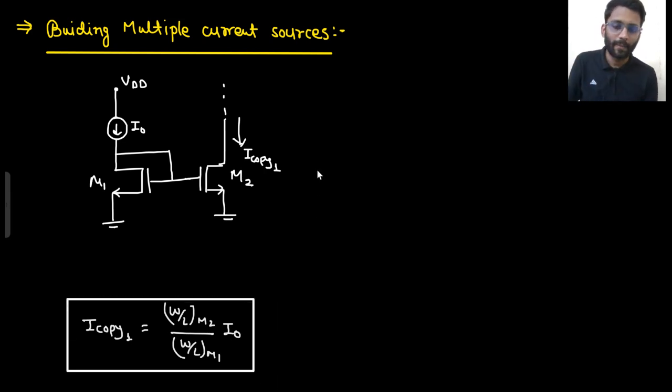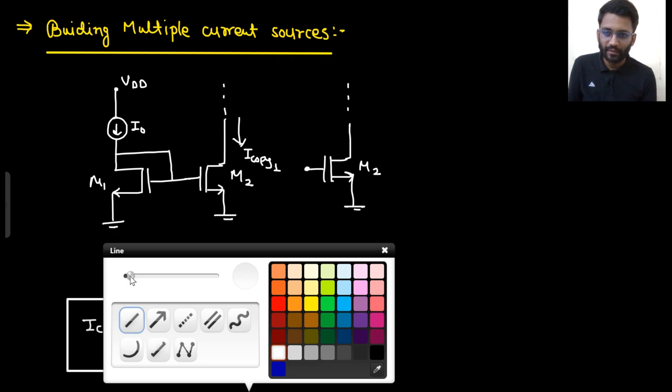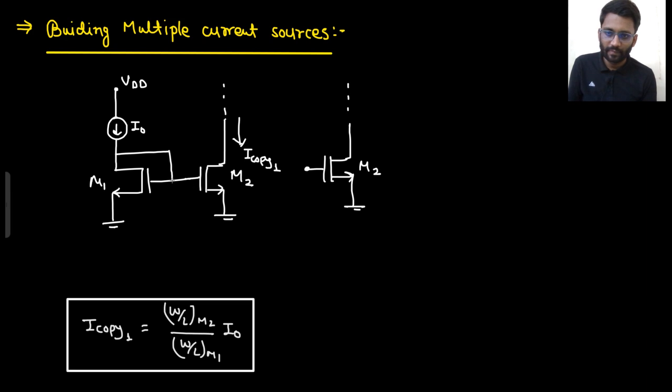Now what I can do, I will make one more MOS here. Similar thing I am doing. Okay, this is M3. I have to feed some voltage here, right? That voltage will be this potential only. Simply this potential I am feeding.